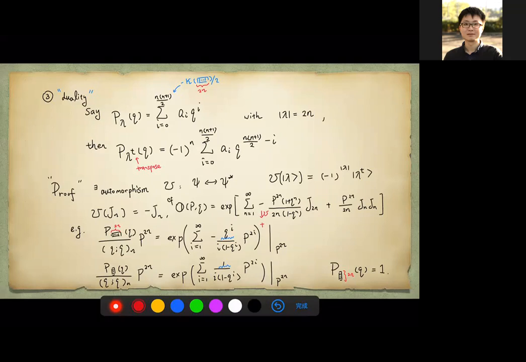For example, if we know the expression of p of lambda, then we can easily find the expression of p lambda transpose. We just need to change the sign, and if the power is I, we subtract this I from the total power that appears here, I think.